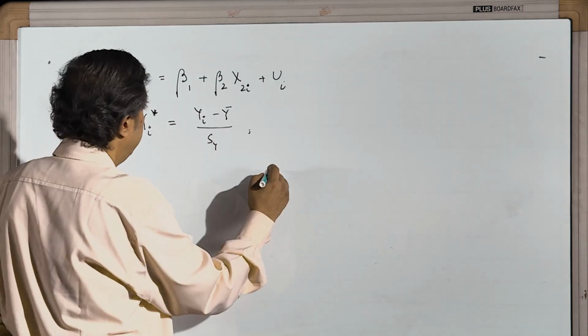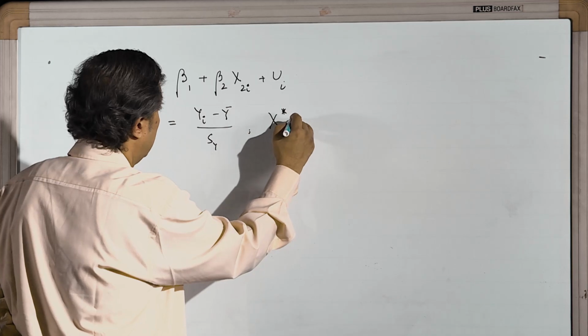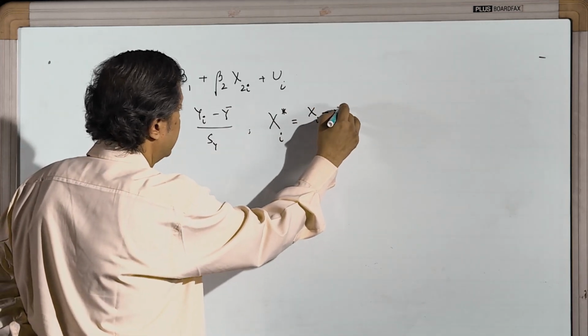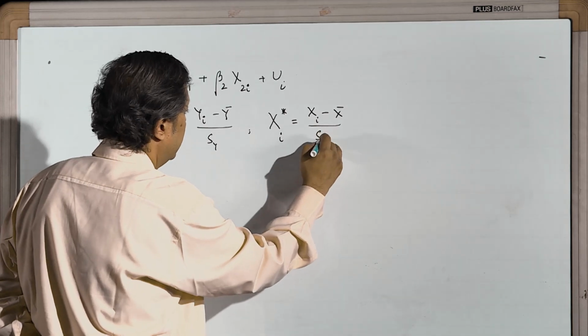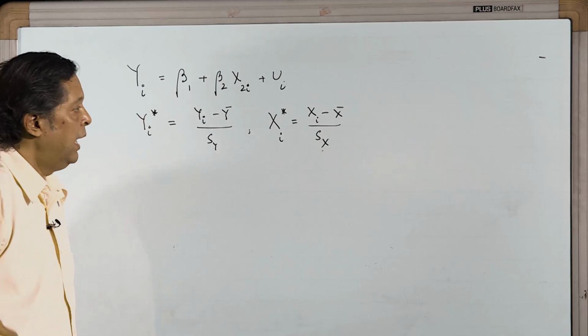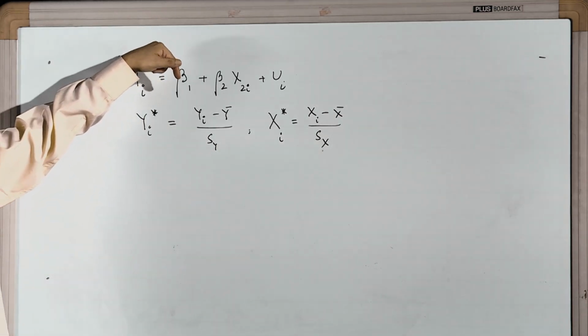Similarly, we define x I star as x I minus x bar divided by standard deviation of x. And as you will have noted, the first variable is just the unit vector.